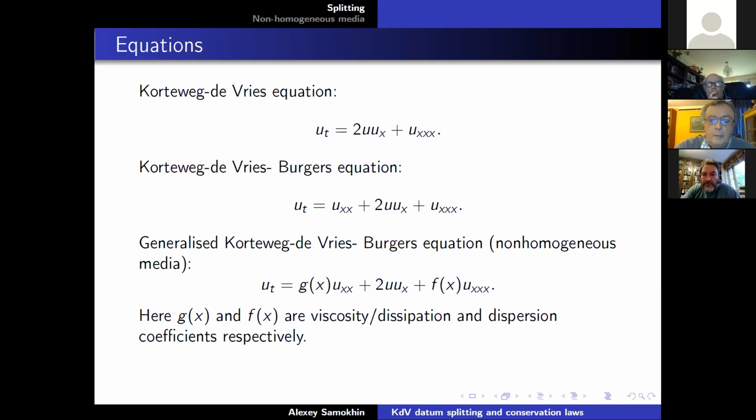And in the end, I will speak about the generalized Cartwright-Lewis Burgers equation, which has non-constant coefficients by members concerning dispersion and viscosity or dissipation.